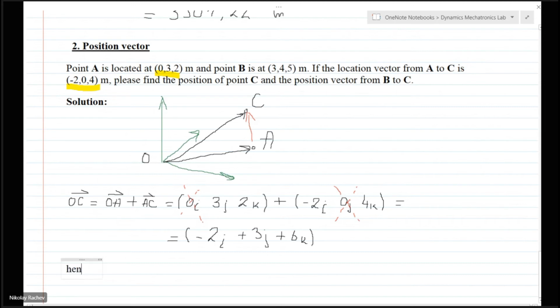Hence, point C is located, and I will write absolutely the same because you are right, really. 3, I will write it in short, 6 without the i, k and j's, but I will leave the meters. We can write similarly.